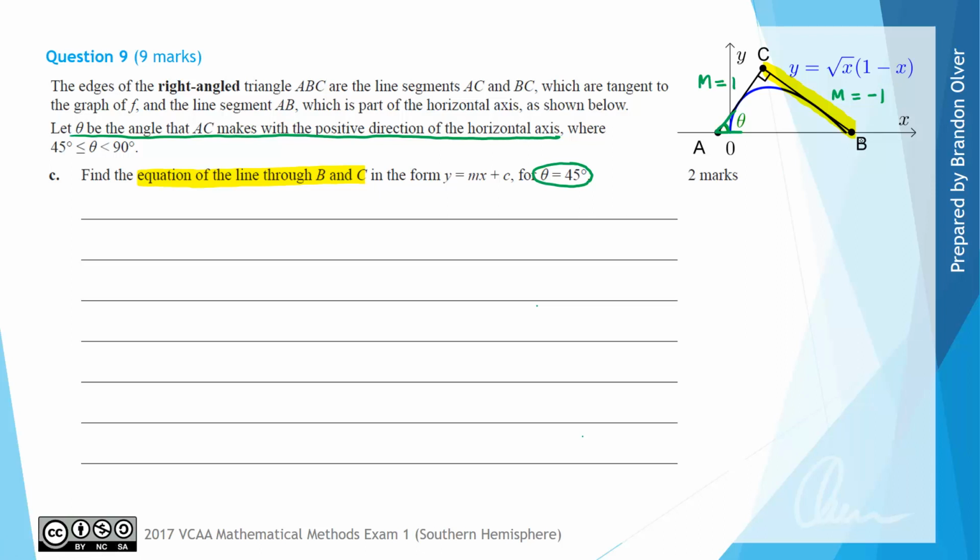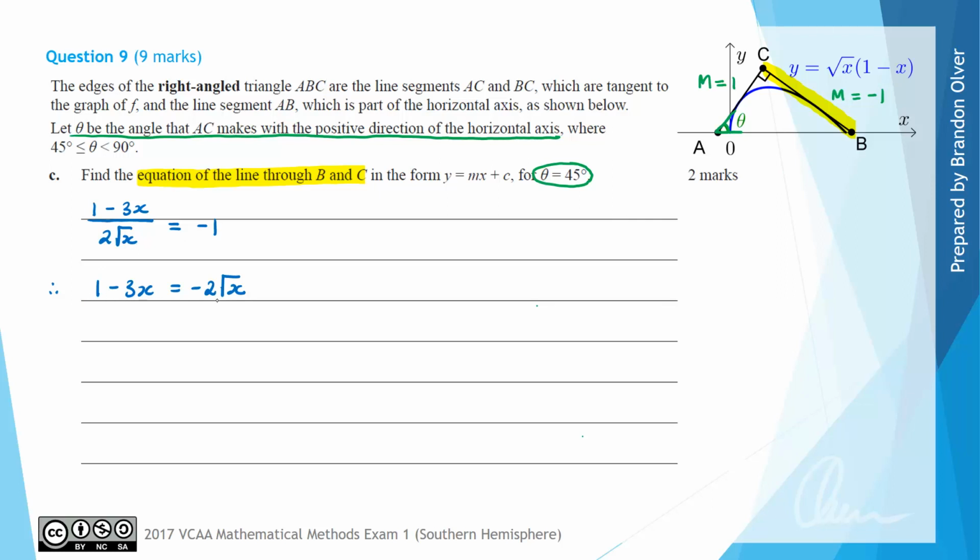So if we know that the gradient of BC is equal to -1, then we know the derivative, which we found previously, is also going to equal -1. So therefore we're going to solve 1 subtract 3x divided by 2 root x is equal to -1. So therefore we know that 1 subtract 3x must equal -2 root x. That line's obtained by multiplying both sides by 2 root x.